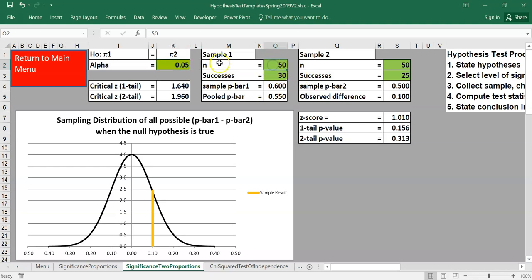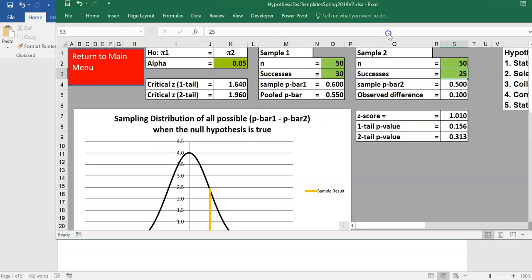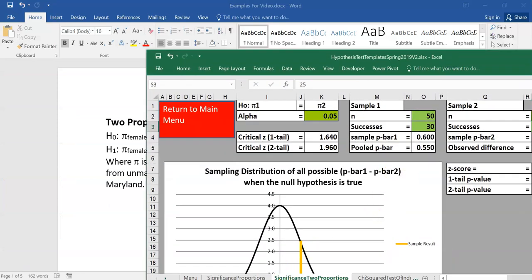But we have to get, for each group, we'll let sample 1 be the females, sample 2 be the males. How many were there, and how many successes were there? Well, how many got warnings? Males, how many were there, and how many got warnings? Let's look back at the data.